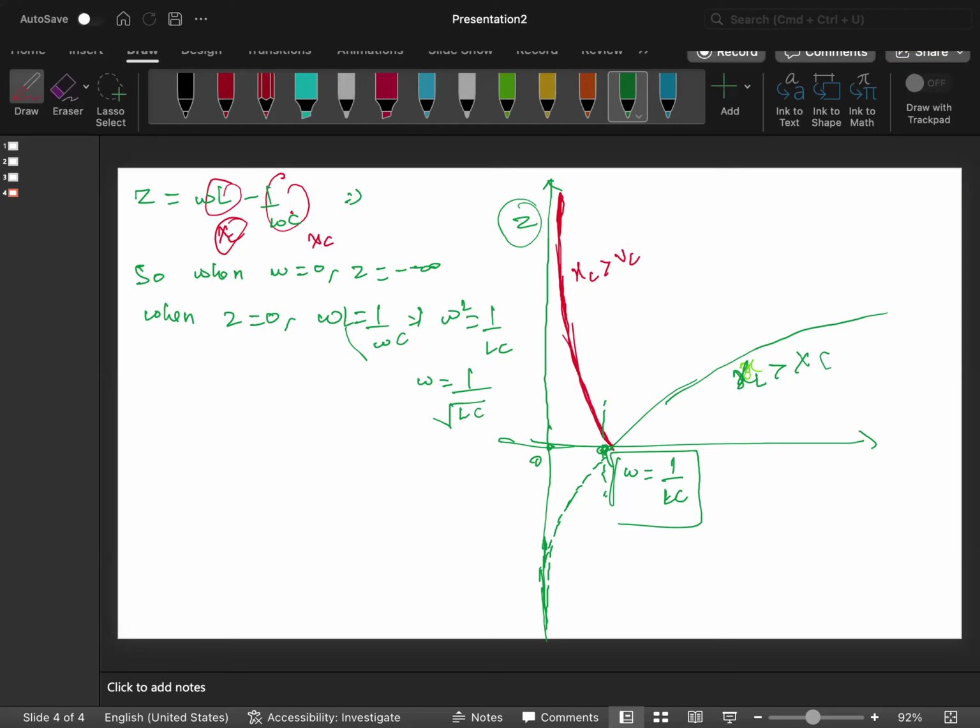Can we try to make a diagram for, okay, I don't have much page over here. Okay, let's try to create another diagram.